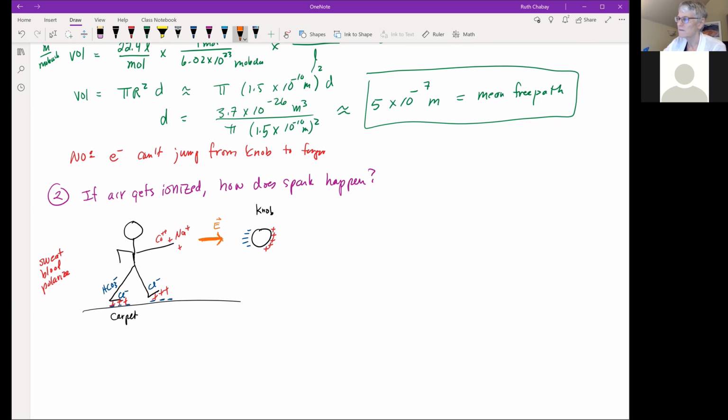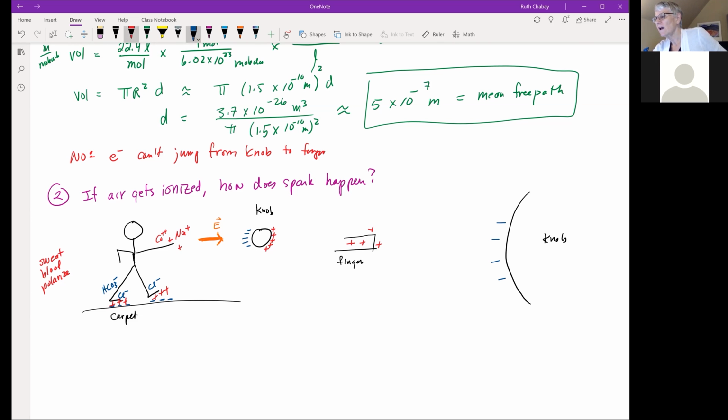And so if we sort of blow this up, here's your finger. Here's the doorknob. So we've got positive charge here, and we've got negative charge here.